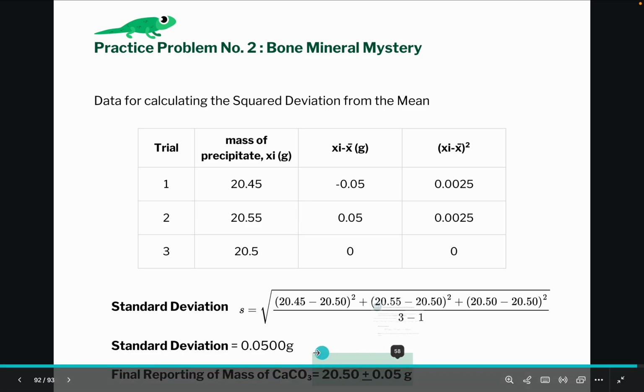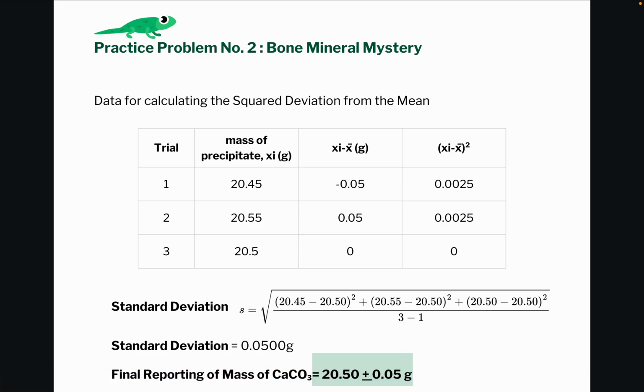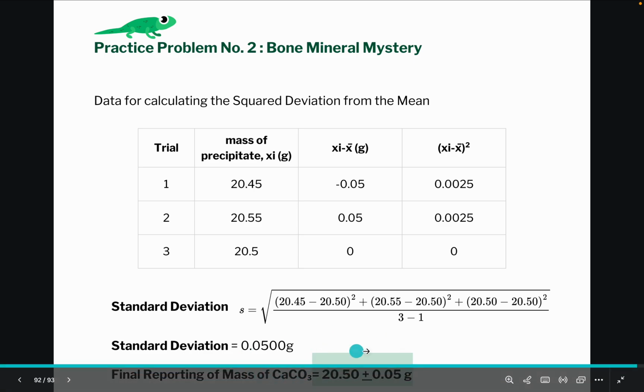This is the range wherein the actual yield, or the mass of calcium carbonate, is within the desired value, which is still accurate and precise.